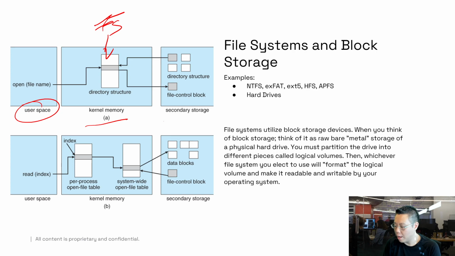And ultimately the block storage, the secondary storage, goes and the table references the table from the kernel inside operating system memory and says, hey, pull these blocks for this file and then be able to read it.